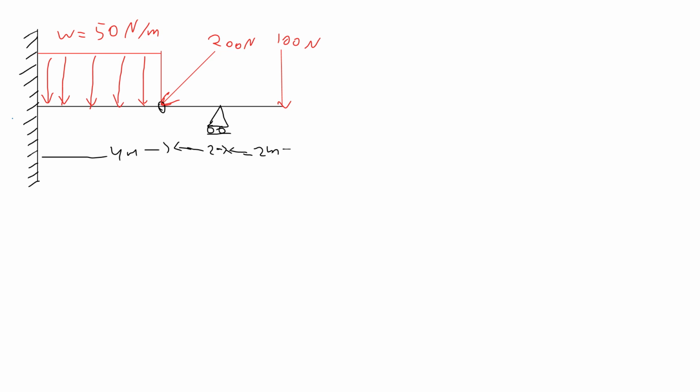We're going to have a reaction this way and this way, and the moment reaction on this support, and in this support we're going to have a reaction this way, but we also have two unknown reactions because of the joint.